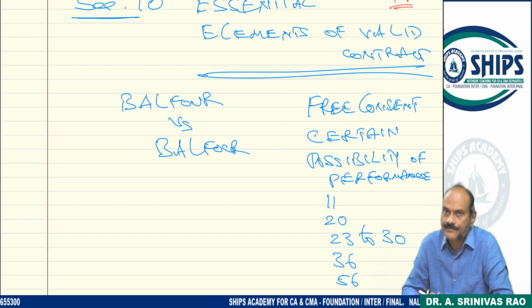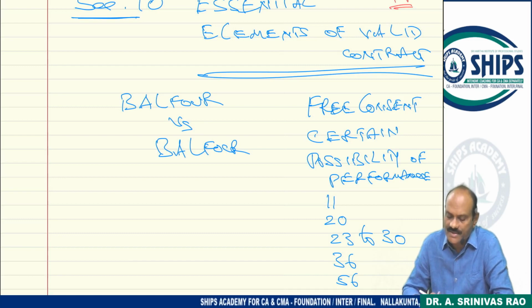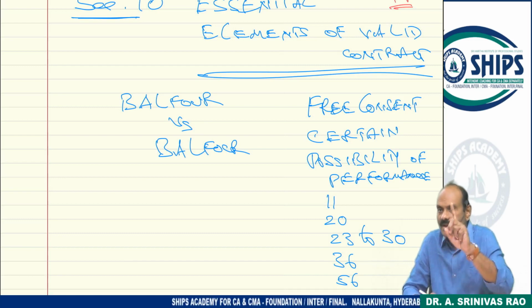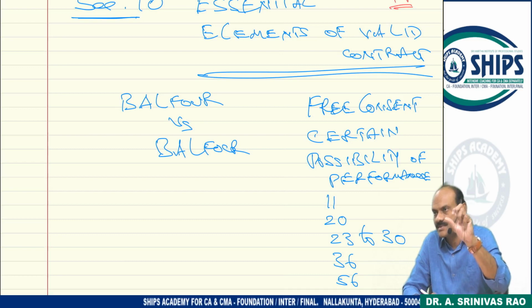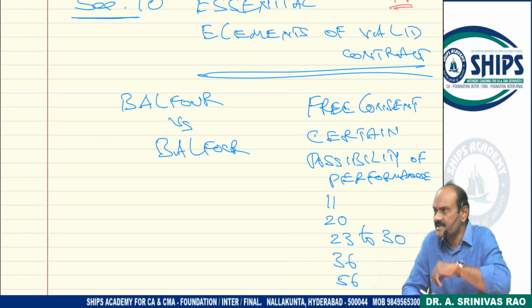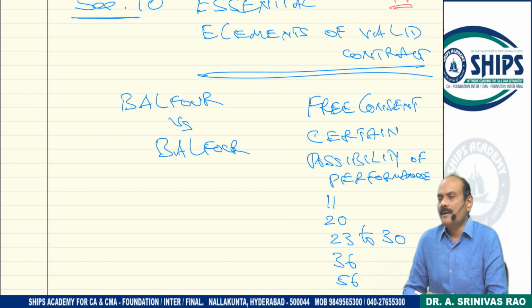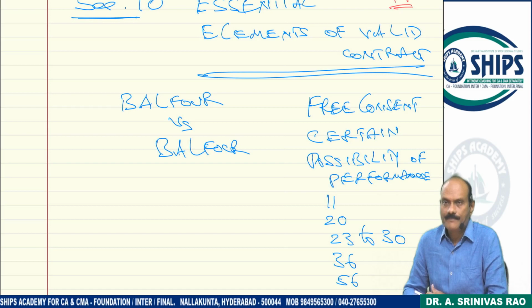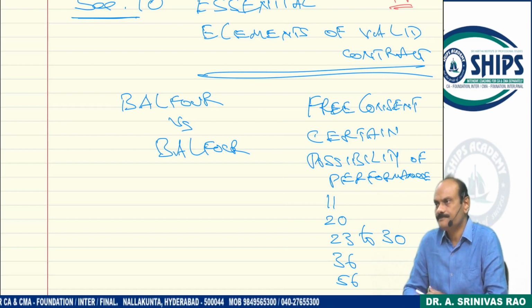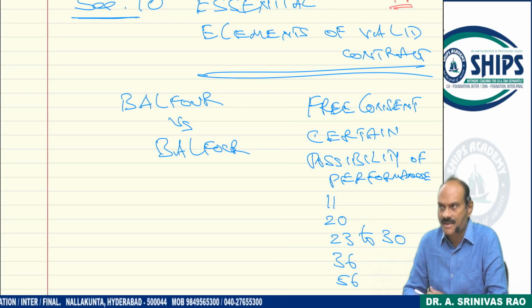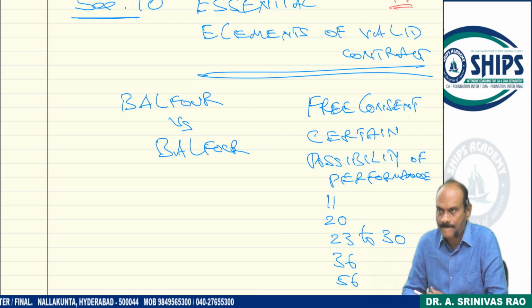Sections 23, 24, 25, 26, 27, 28, 29, 30, and 36 and 56. Next, last point: writing and registration.